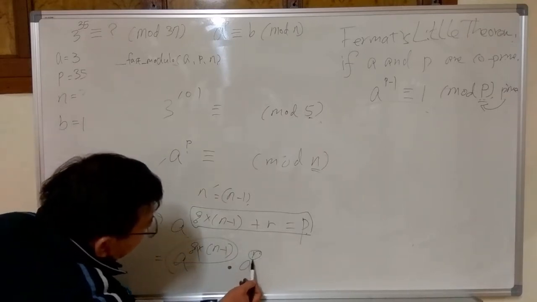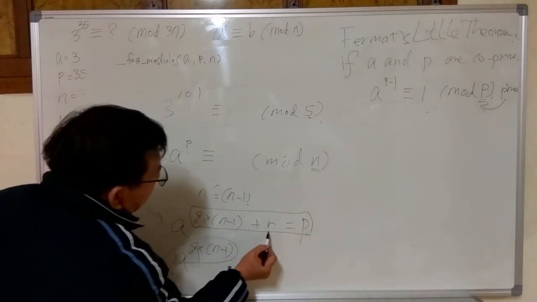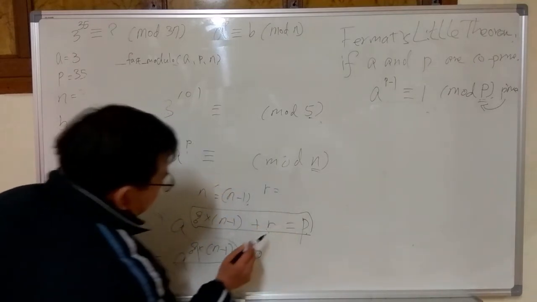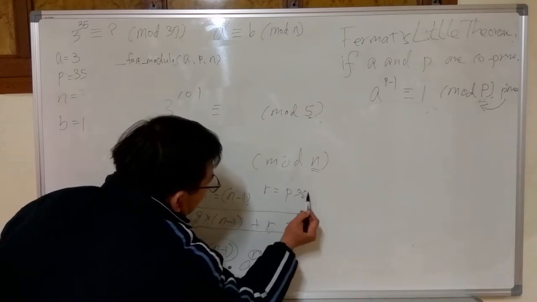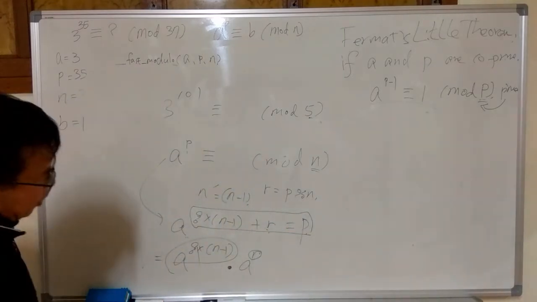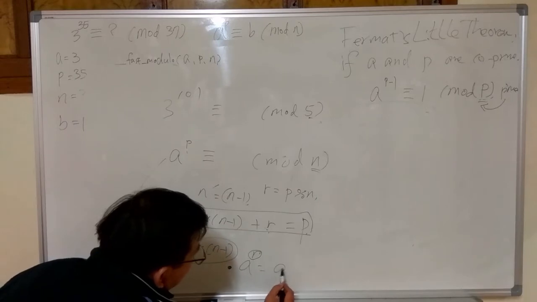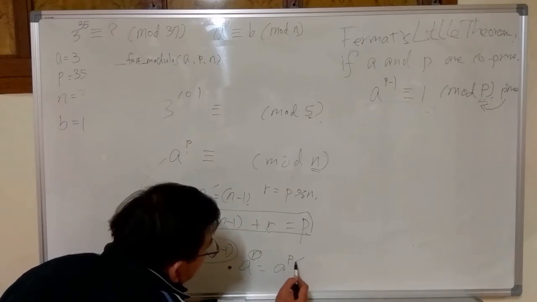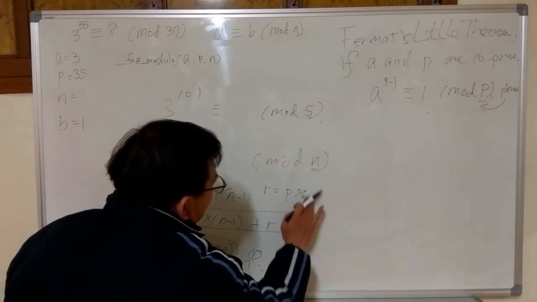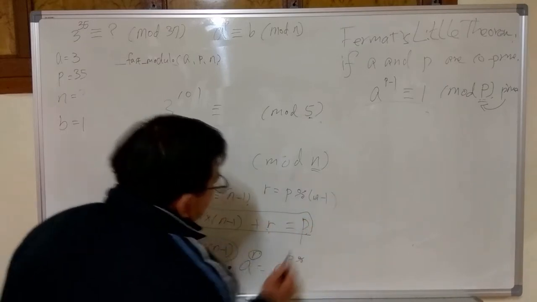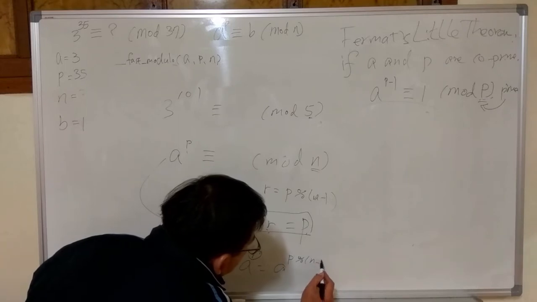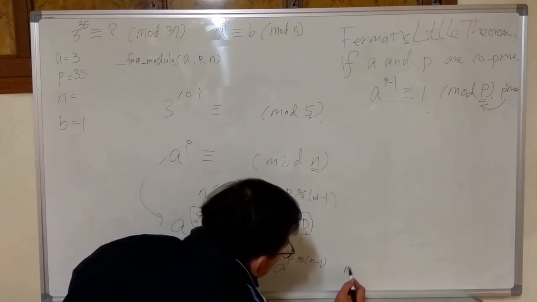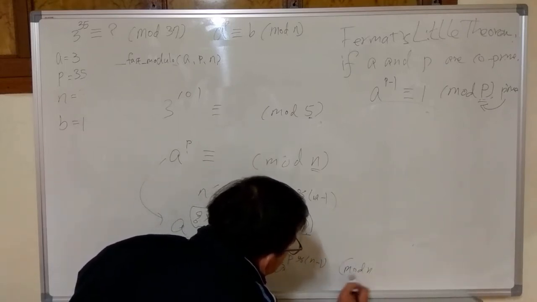This R is actually the remainder, P modulo n minus 1. So it effectively becomes a^(P modulo (n minus 1)) mod n.